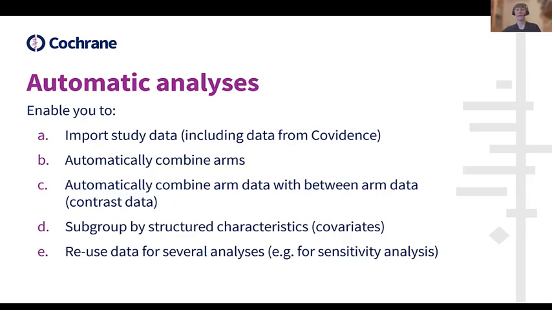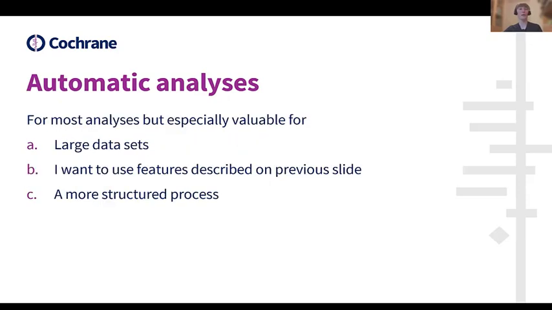And in this case, automatic analysis are usually the best option. It also allows you to make sure that you have a really structured process around how you plan for and work with your analysis. Okay.